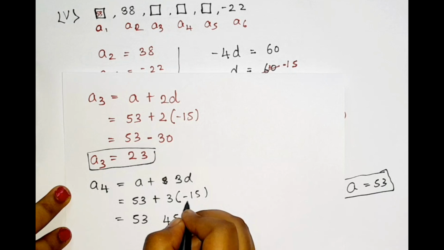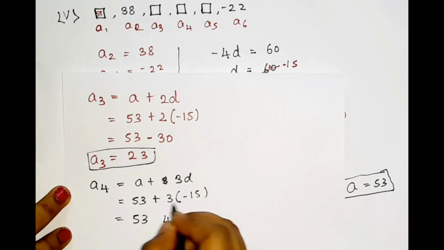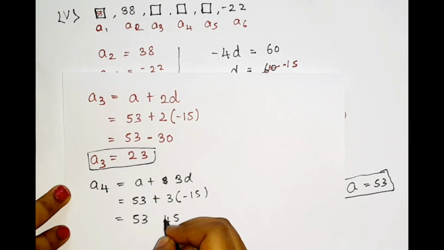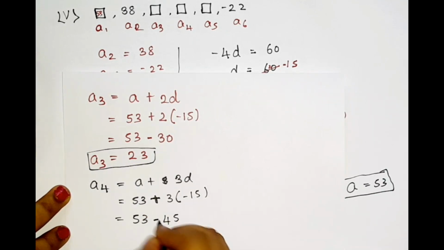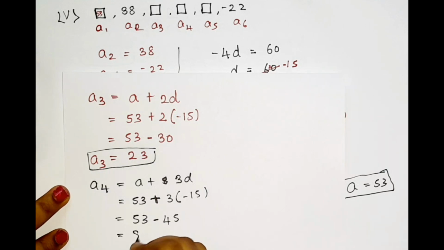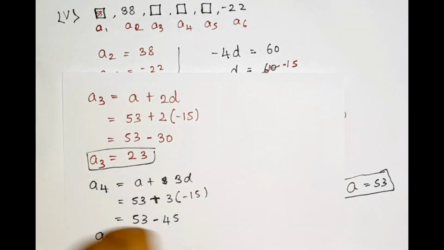So here we have minus, that is important. So minus 15 into 3 is minus 45. Here we have plus, so plus into minus is minus. So when we subtract it, we'll get 8. Alright, so this is going to be your A4 value.